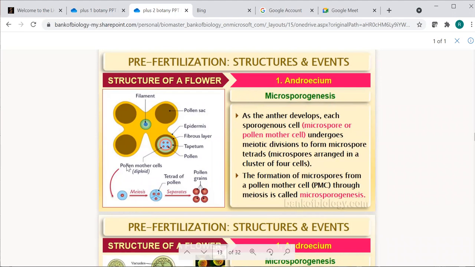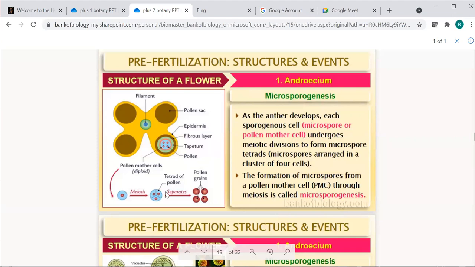Through meiosis, pollen mother cells form microspores. And after the formation of the microspore tetrad, it forms what? Vegetative and generative cells. Talk about the vegetative and generative cell, which is through mitosis.